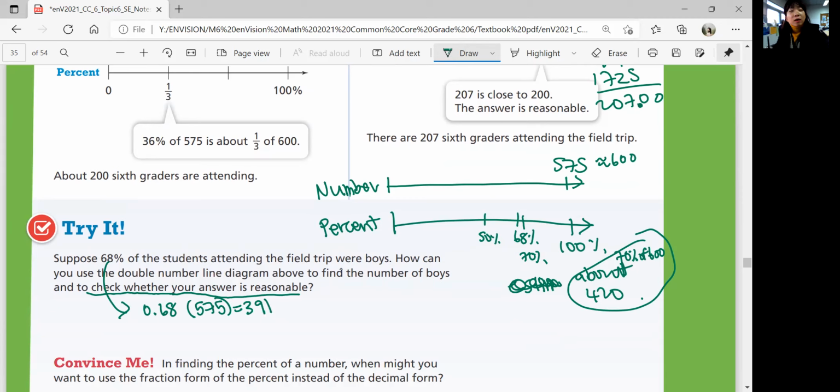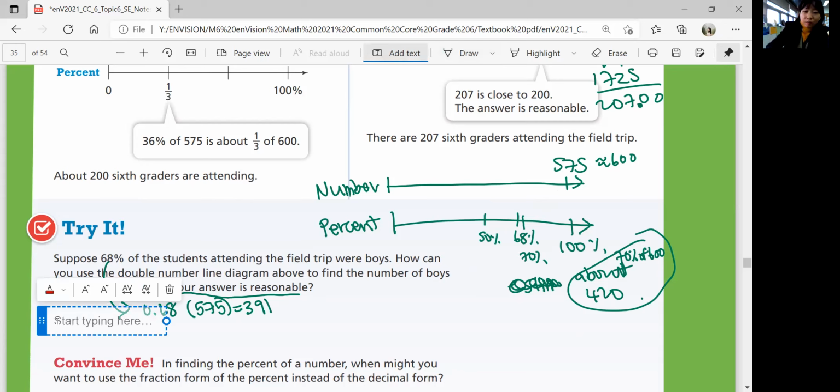And 391 and 420, they're close. So it's reasonable. It's not too far off. Of course, if you really need an exact answer, they're very far away. But still, it's not like 100 or 600. So you're fine. Let's summarize that and explain what you did.